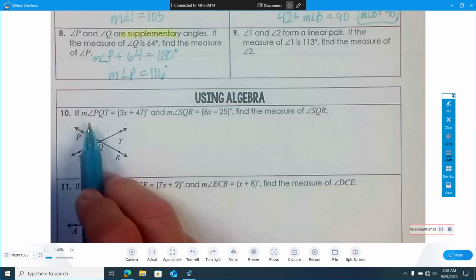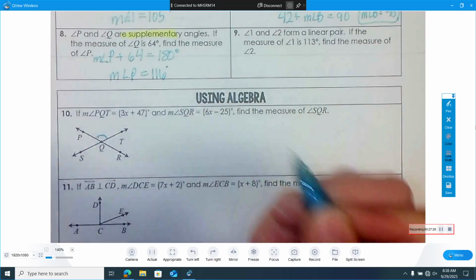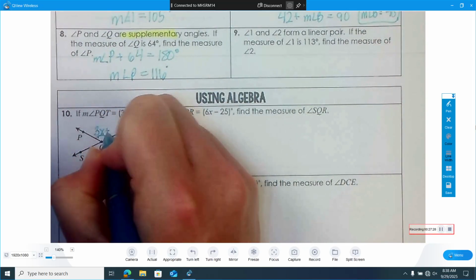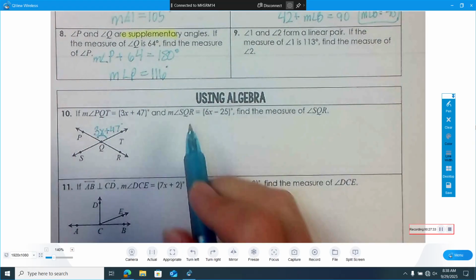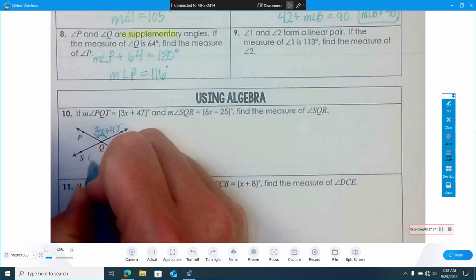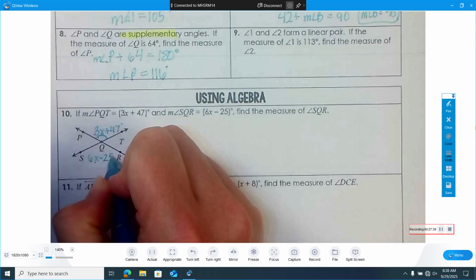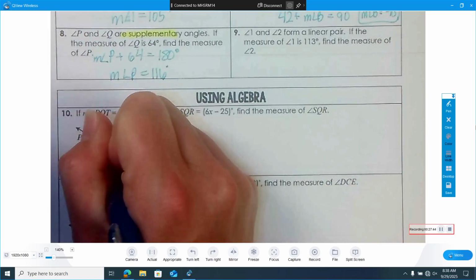All right. Let's see. The measure of angle PQT, right there, is 3x plus 47 degrees. And the measure of angle SQR, also right here, is 6x minus 25. Tell me about these two angles. They're vertical. Very good.